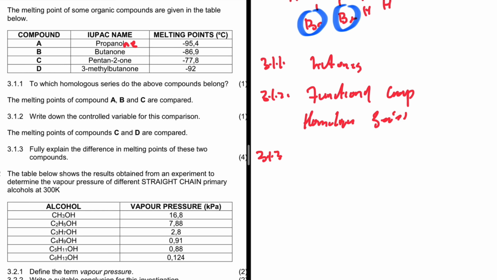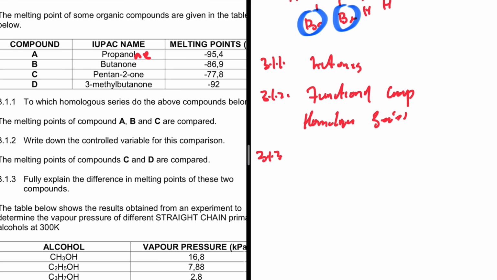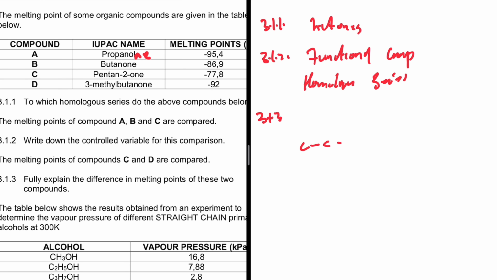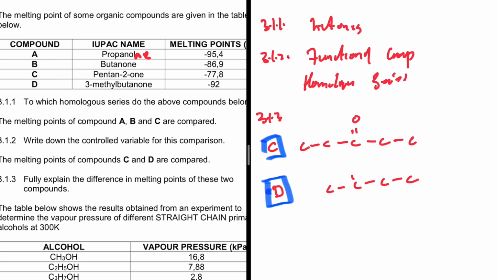Fully explain the difference in melting points of these two compounds, C and D. So C is pentan-2-one: 1, 2, 3, 4, 5, pentan-2-one, not pentan-3-one but pentan-2-one. This is compound C. And then compound D, we have 3-methylbutanone, so that is 1, 2, 3, 4, because it is but, so double bond oxygen, and then we have a carbon there.